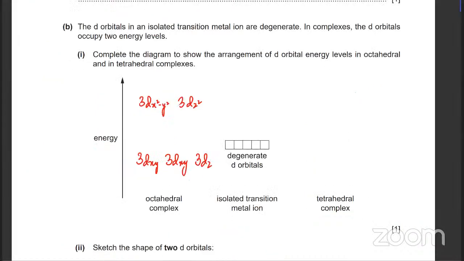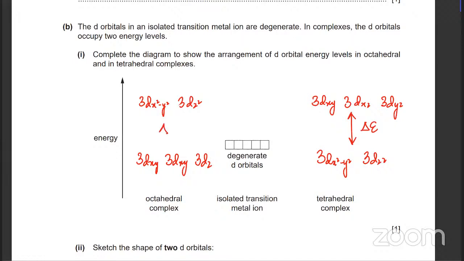Over here it would be the opposite scenario, where between the axes, in the D subshell, it would be harder to keep electrons, and it would be easier to keep electrons on the axis. And there's going to be an energy gap created in both cases, and that leads to colors of complexes as well.